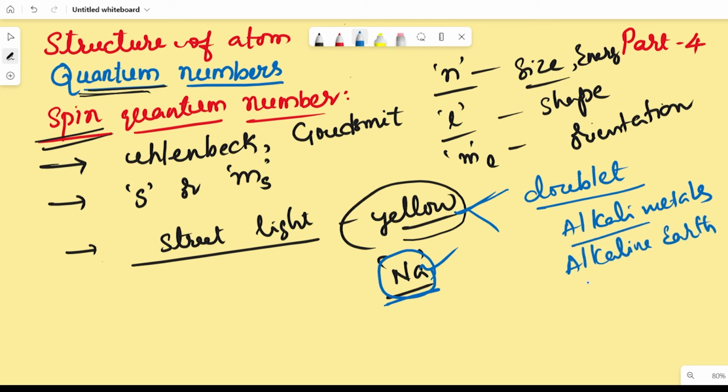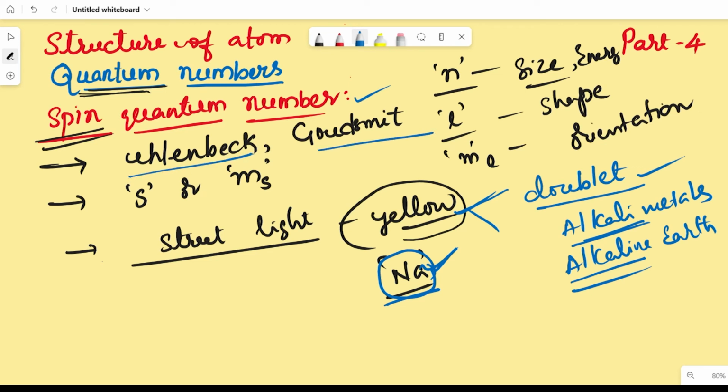So what are alkali metals, alkaline earth metals? We will discuss all those topics in the next unit, okay? Not only the sodium atom, but also alkali metals and alkaline earth metals, all of them show the same property, a doublet. So to account for such behavior of an element, an additional quantum number, the spin quantum number, was proposed by the scientists Uhlenbeck and Goudsmit.